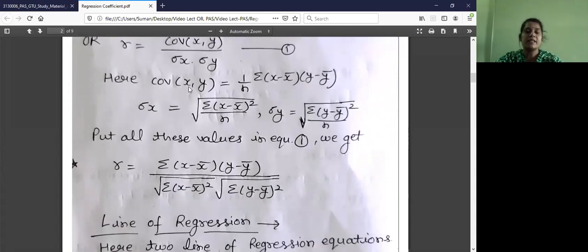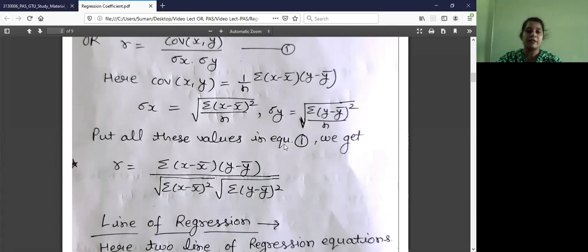Here covariance of x comma y is equal to 1 upon n summation (x minus x bar) into (y minus y bar), and the formula of sigma x, that means standard deviation of x, is equal to under root summation (x minus x bar) whole square divided by number of terms, and sigma y is equal to under root summation (y minus y bar) whole square divided by number of terms.